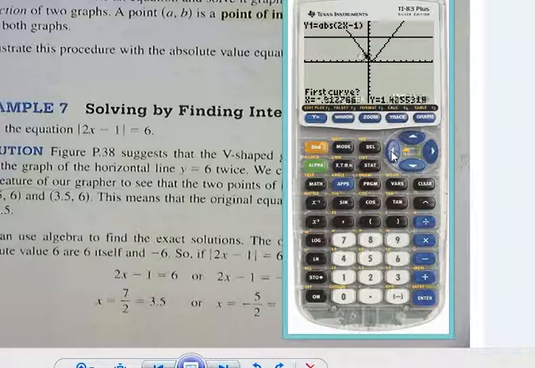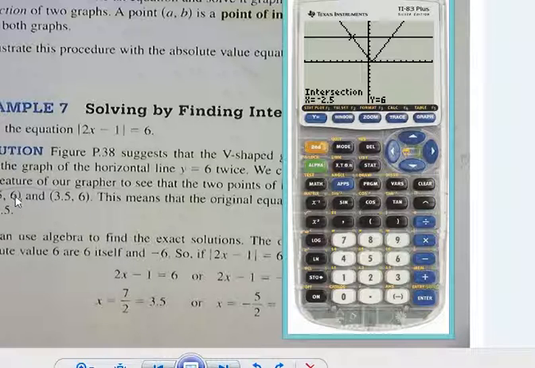I'm going to go a little bit to the left here, and it says first curve. Now on this one it's a little different. I just want to get as close to the intersection as I can, and then it'll say guess, and boom, my first answer is x equals negative 2.5.